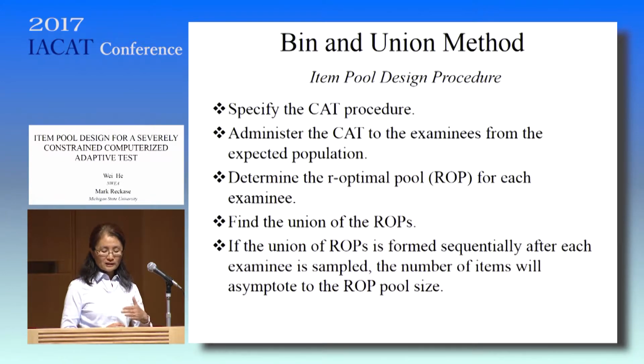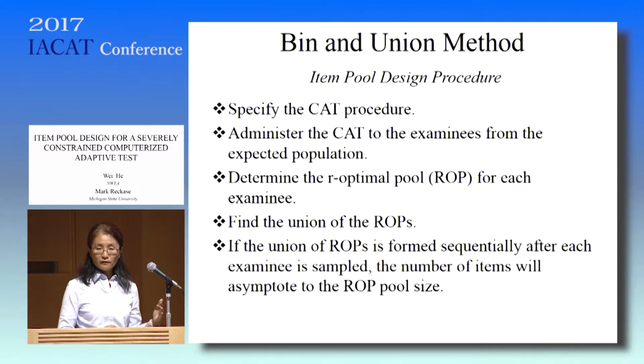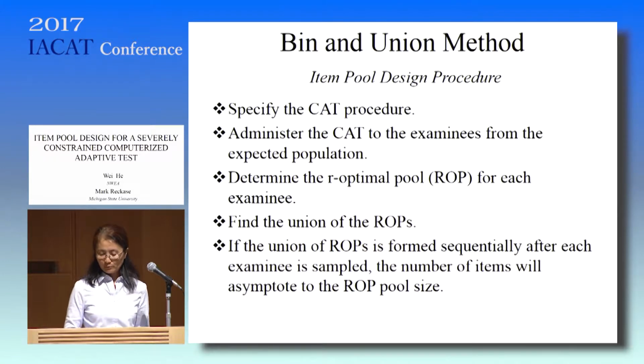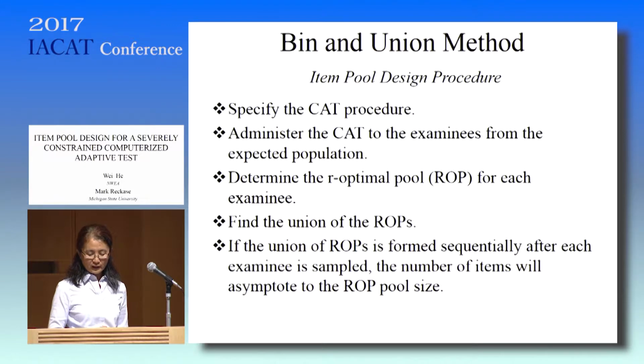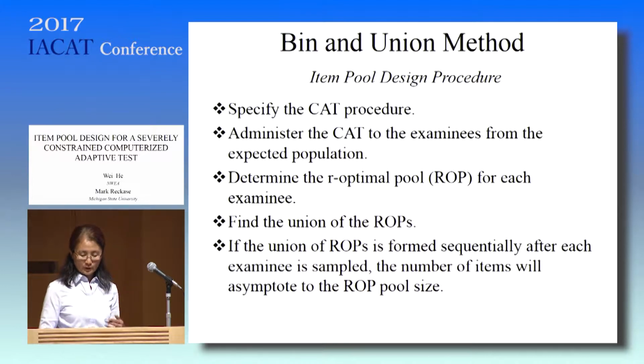Then for each examinee, determine the ROP, or optimal pool, and then find the union of ROPs. If the union of ROPs is formed sequentially after each examinee is sampled, then the number of items will asymptote to the item pool size that we want to estimate.